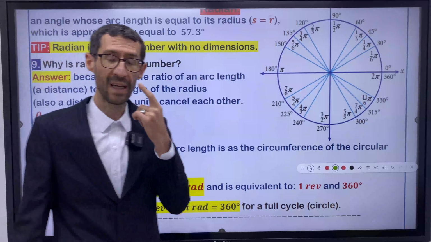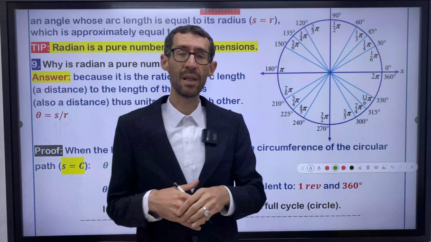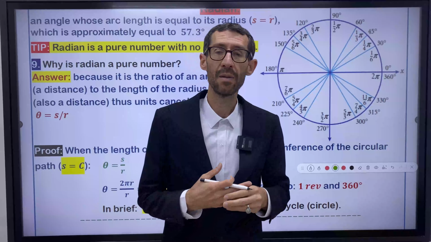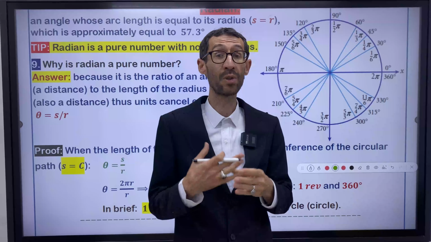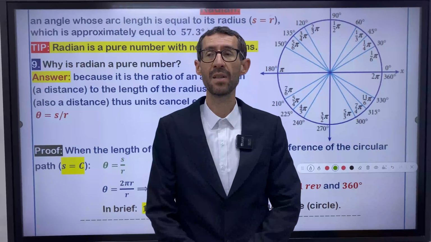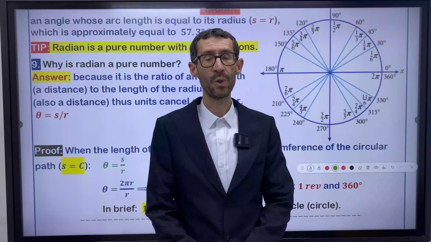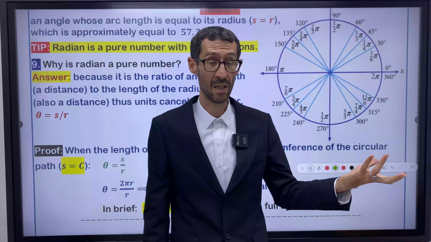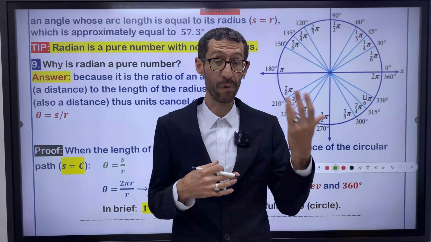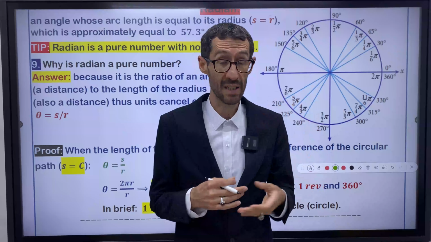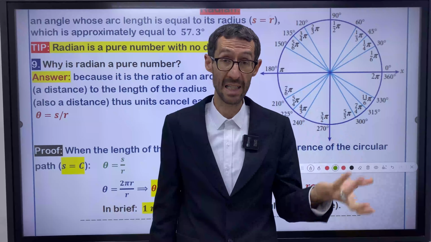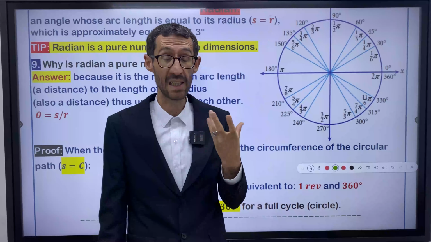Believe me, a lot of students come to me each year and say, teacher, we don't know what the origin of this rule is. We want you to prove it for us. Whenever I proved that for them, they understood the subject, they understood the equation, and they could memorize it.